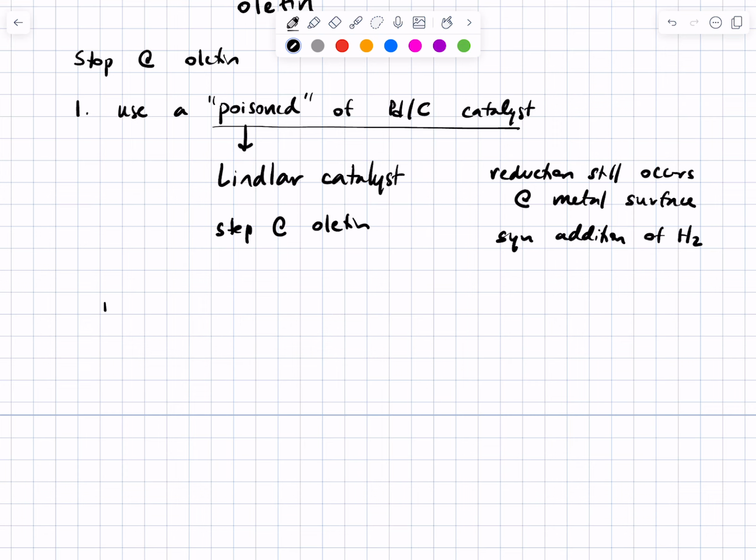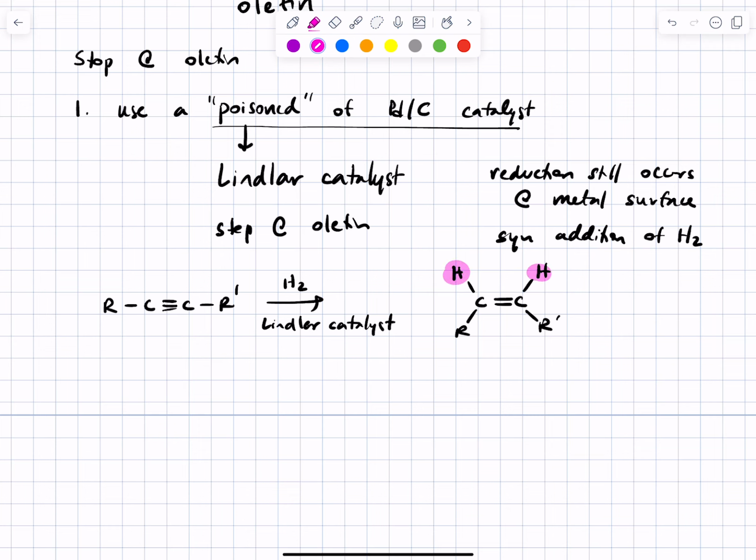So if you use the Lindlar catalyst, you can take the alkyne starting material and the product will be the cis alkene or the cis olefin. Here's that first equivalent of hydrogen that we added, and we don't add a second equivalent.